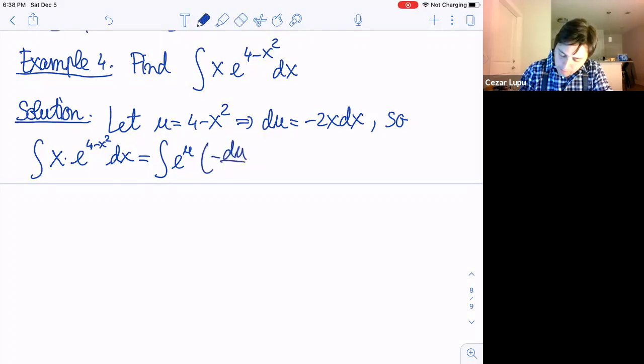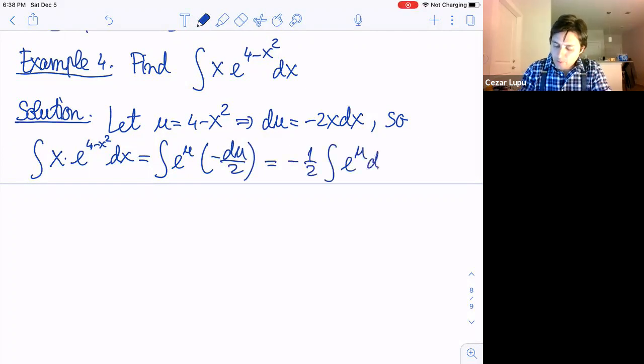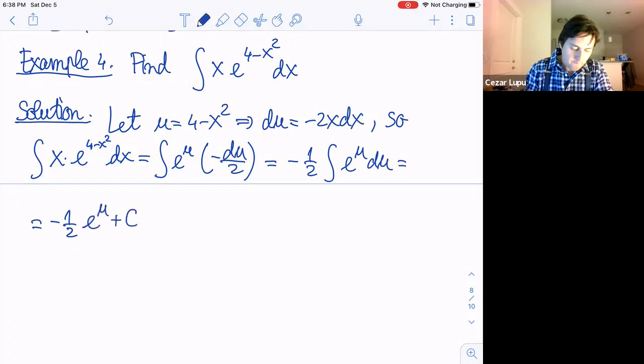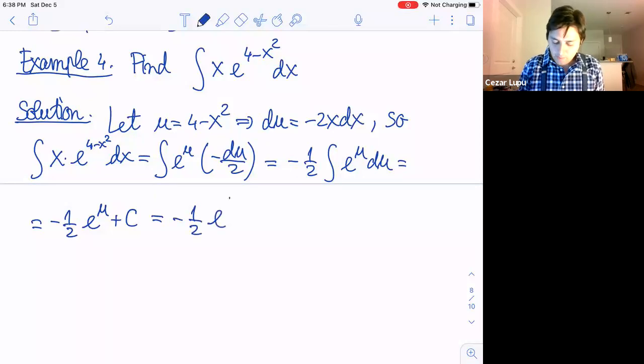And this would be nothing else than just negative 1/2 the integral of e to the power u du. And this would be negative 1/2 times e to the u plus c. And if we go back to the substitution, this would be nothing else than just negative 1/2 times e to the power 4 minus x squared plus constant c, where c is a constant.